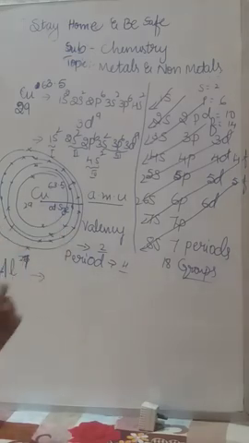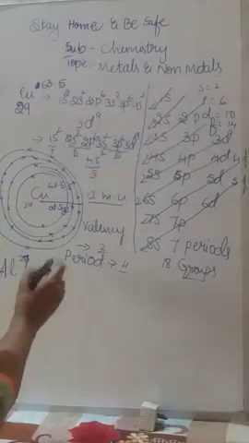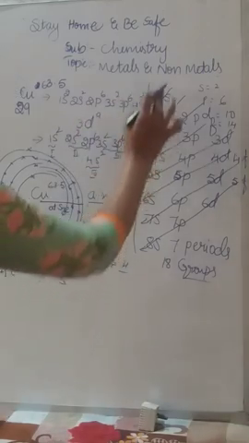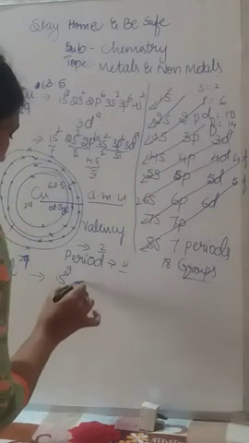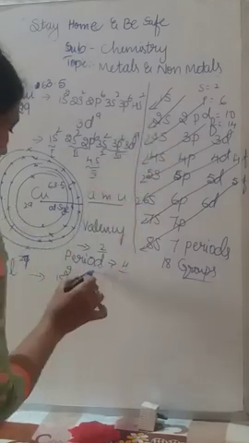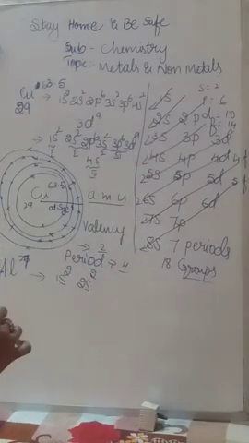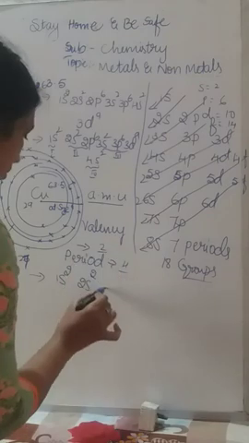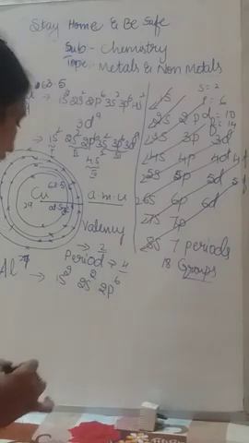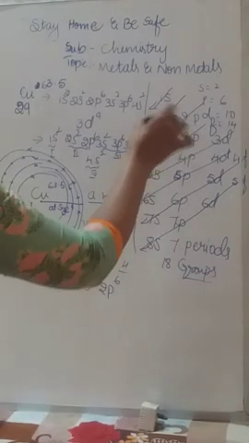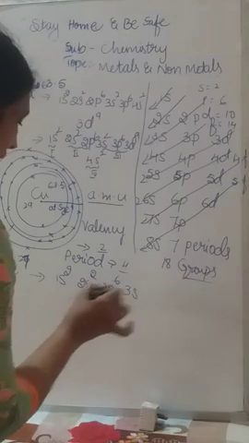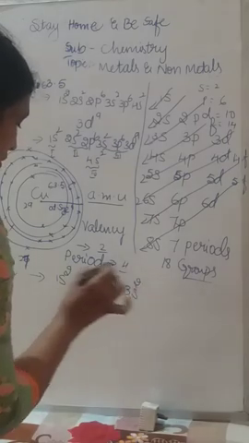Take the electronic configuration of aluminium, 13. First we go for 1s. 1s2. Next it is 2s2. Maximum electrons filled in the s orbital is 2. After 2s comes 2p. In 2p the maximum electrons is 6. After 2p comes 3s. In 3s the maximum is 2. So count that.